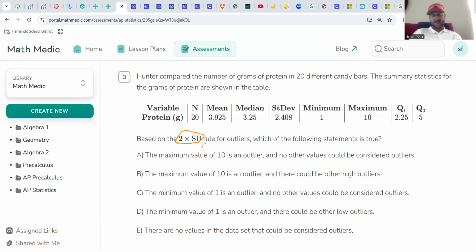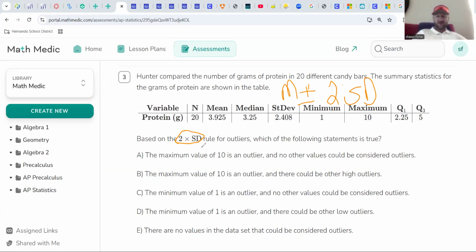I'm going to write it: the mean plus and minus 2 times the standard deviation. And then are there any data points outside of that? If there are, we've got some potential outliers.